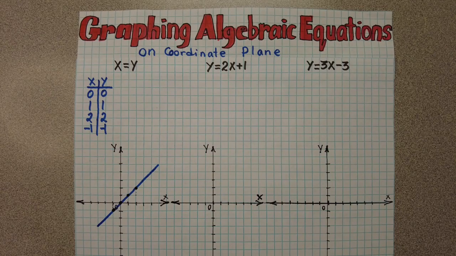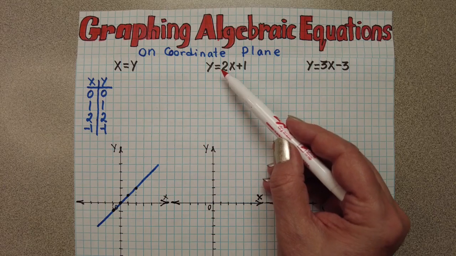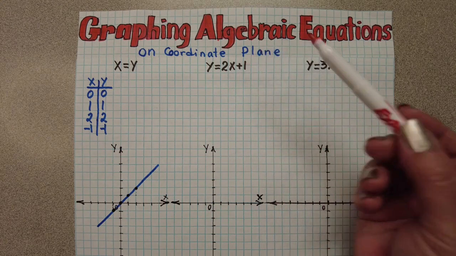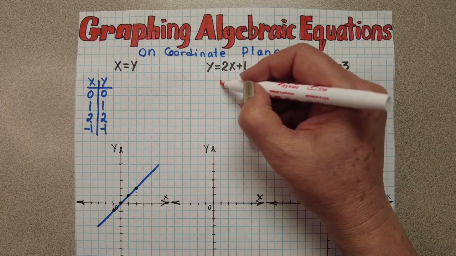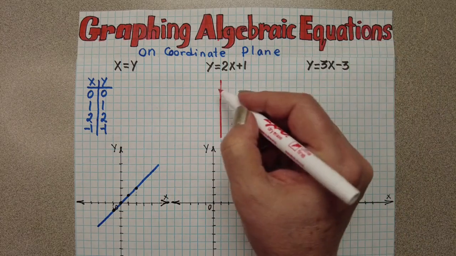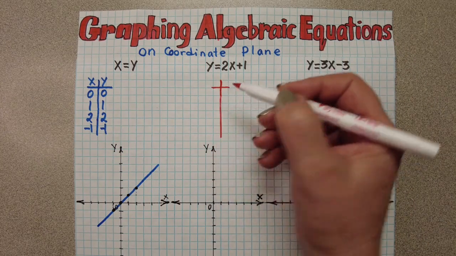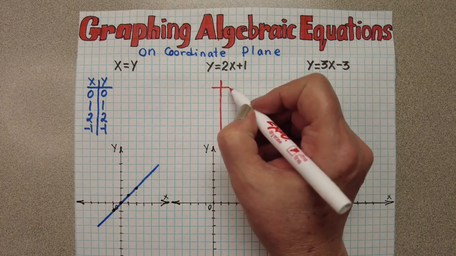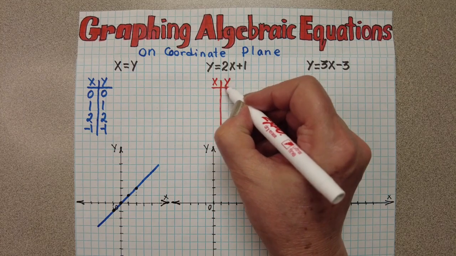Now let's go to the next exercise. We have y equals 2 times x plus 1. Here we're gonna make our table again and make ordered pairs for our graphing. Let's start here, x and y.